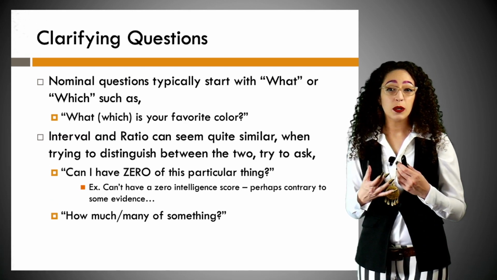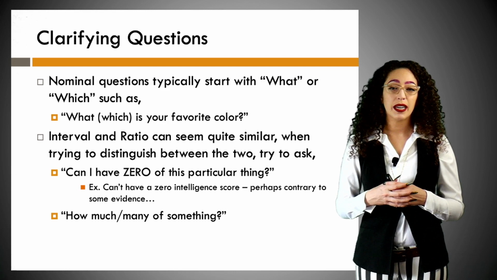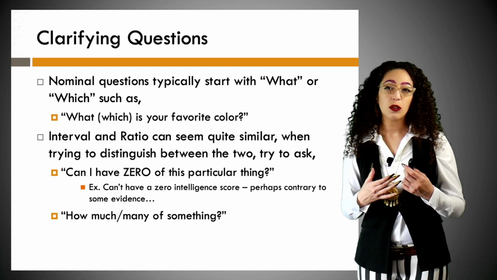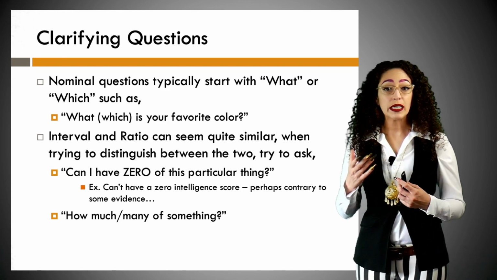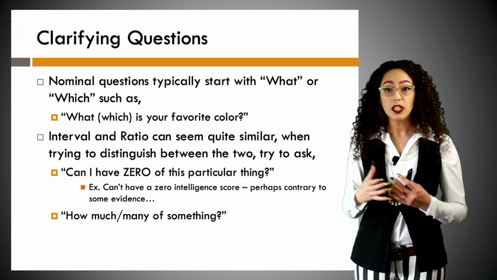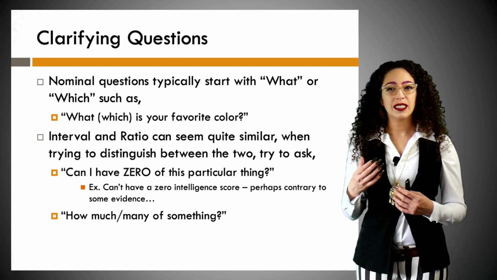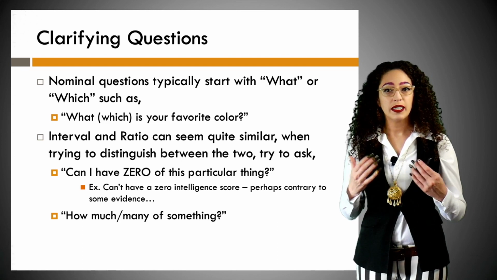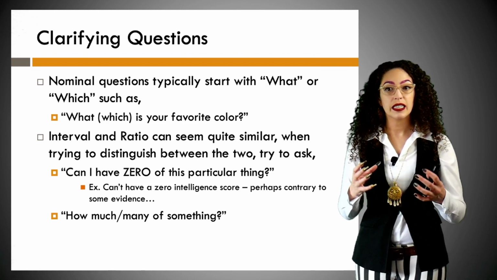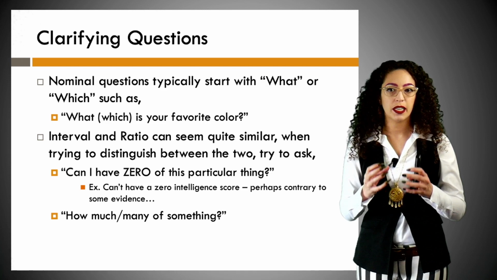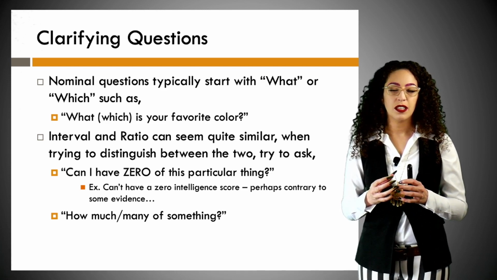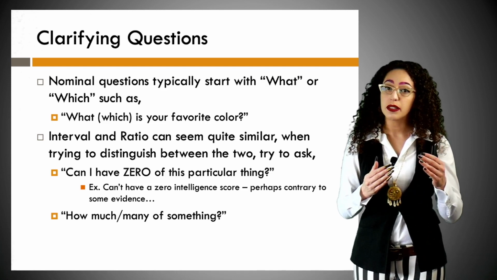So here are some clarifying questions that can help you figure out what kind of data you're working with. Nominal questions typically start with something like what or which. So which one of these is your favorite color? And interval and ratio can seem quite similar. When trying to distinguish the two though, you can ask, can I have 0 of this particular thing? If you can't have 0, you would go with interval.